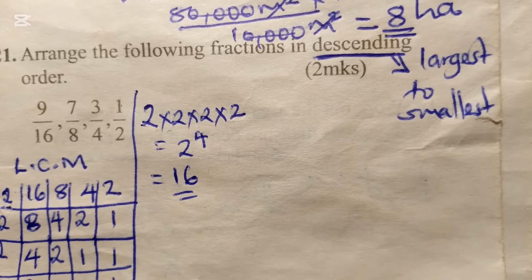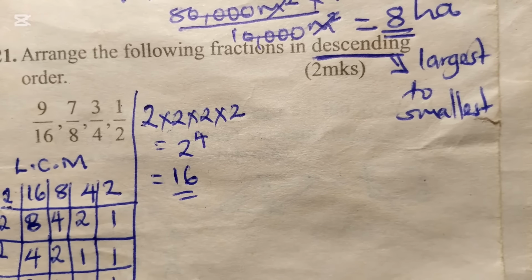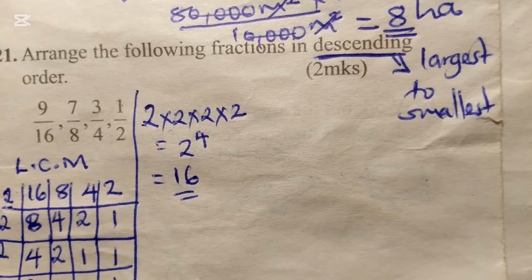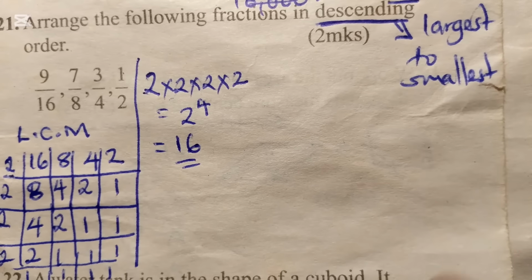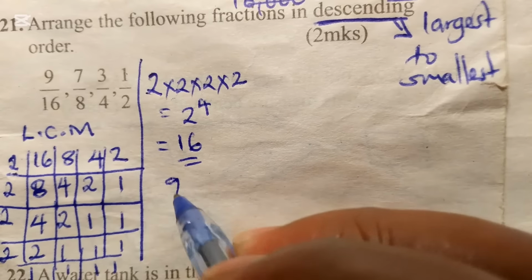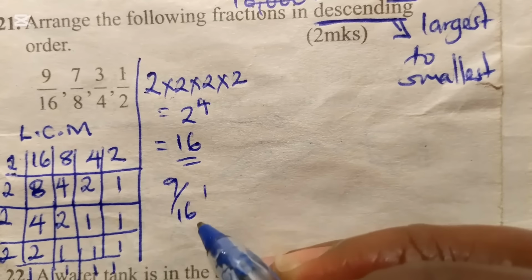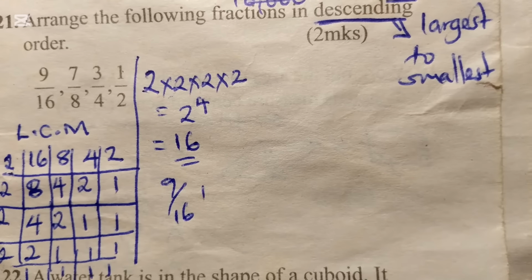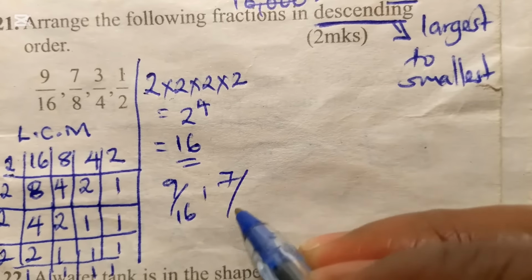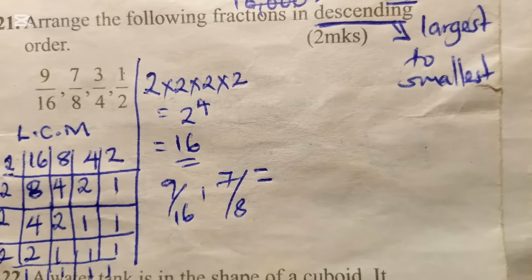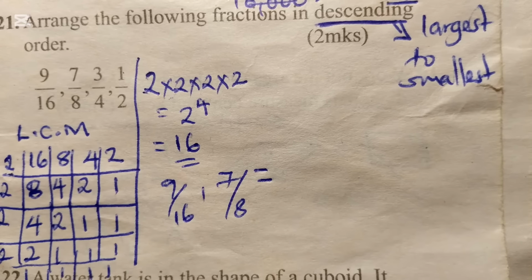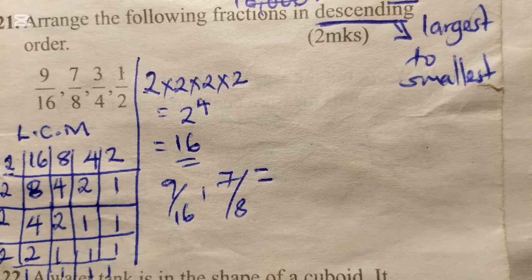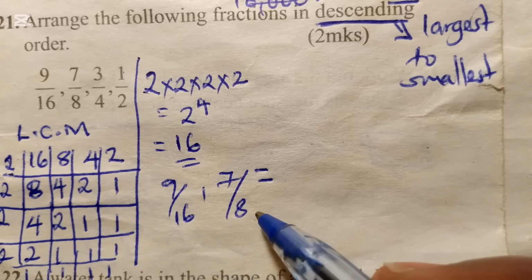Now let us write the fractions with the denominator 16. 9 over 16 is already in that form. Then 7 over 8 will be the same as, what can we multiply 8 by to get 16? 2.